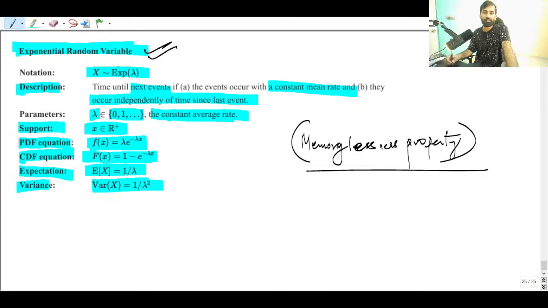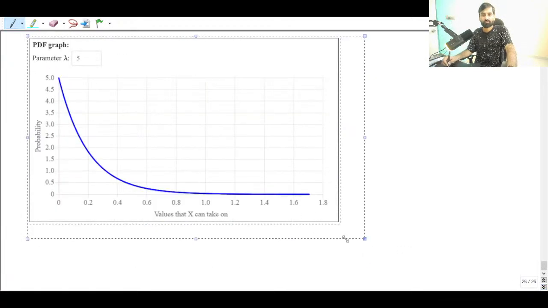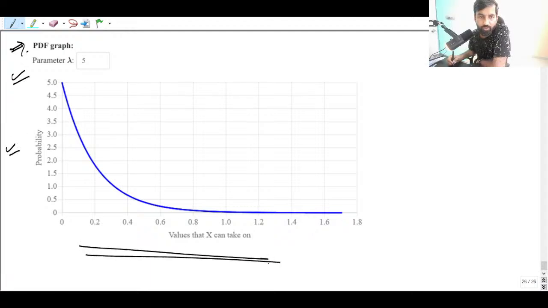If you take lambda 5 and want to draw the PDF, how does your PDF look? Take lambda equal to 5. This is the PDF, where the parameter lambda is 5. As lambda increases, the PDF will decay faster.